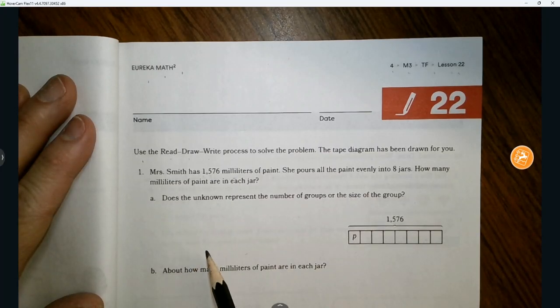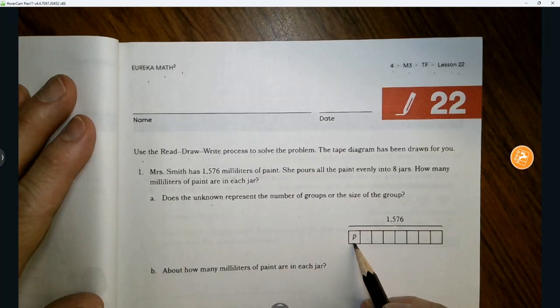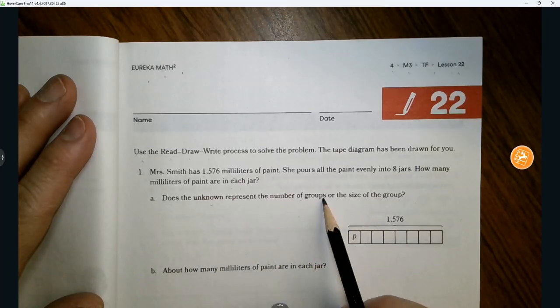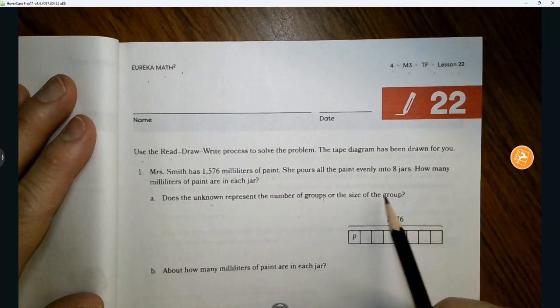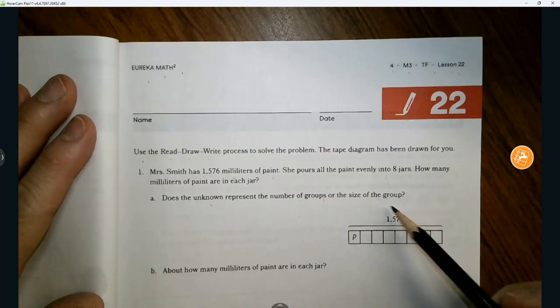Okay, so let's look at number 1. Does the unknown, this is the unknown, P right there. P is the unknown. Does the unknown represent the number of groups or the size of the group? So groups, or how much is in each one. Size of the group would be how much would be in there.